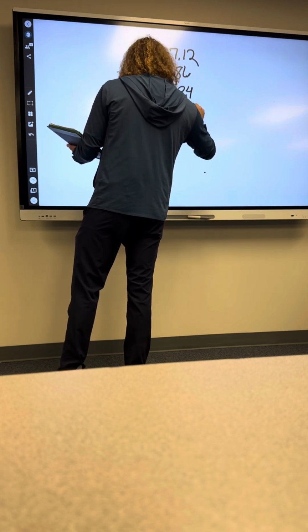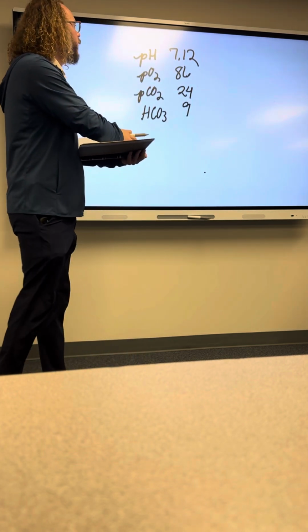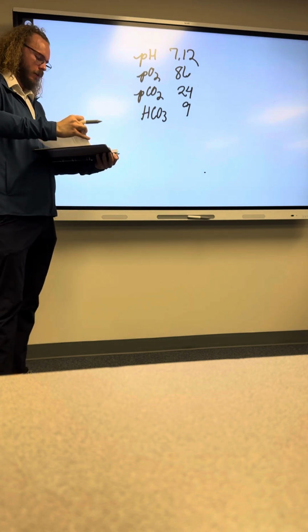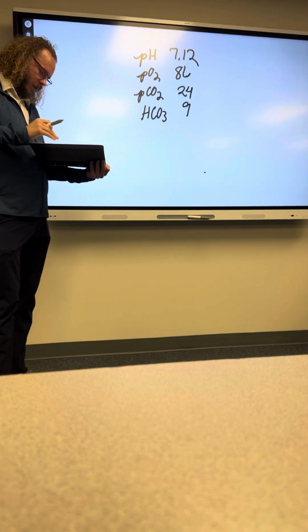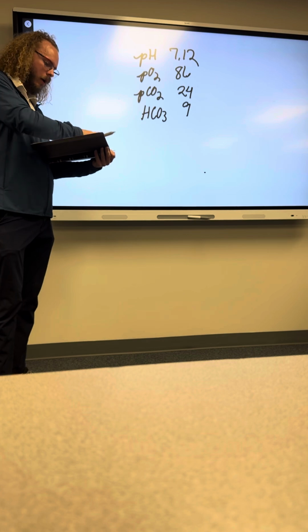Bicarb of 9. What's our problem again? Metabolic acidosis. Perfect. And let me tell you about this one, because this is what you will encounter a lot in your life.